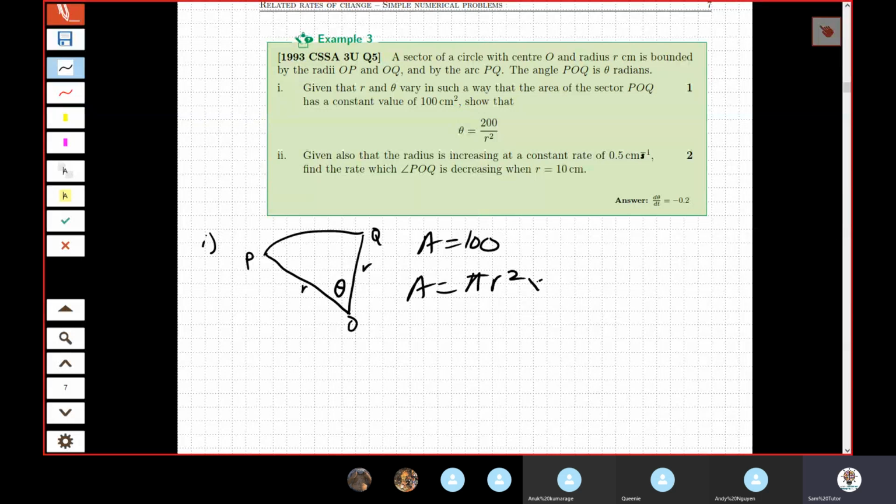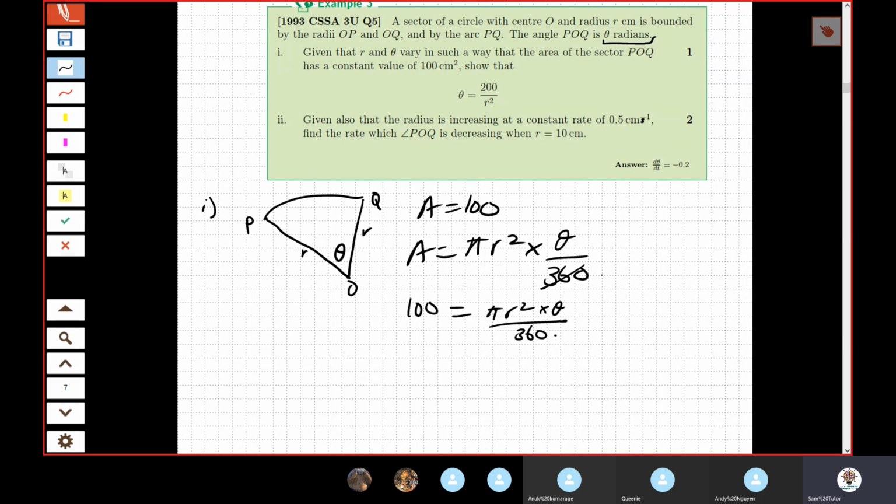Pi r squared times theta over 360. And then you know that A is 100. The only problem is you're using theta in radians, so your 360 needs to be in terms of pi.